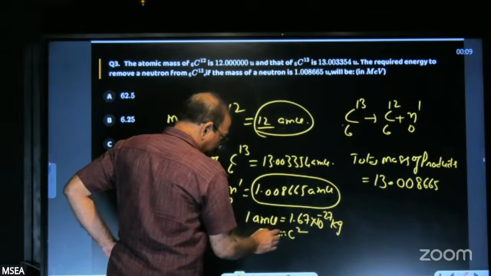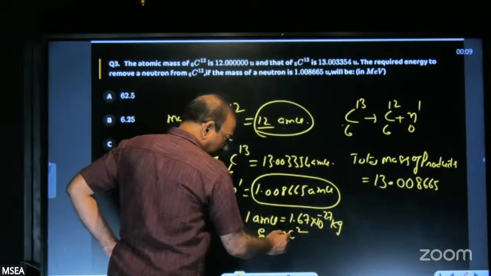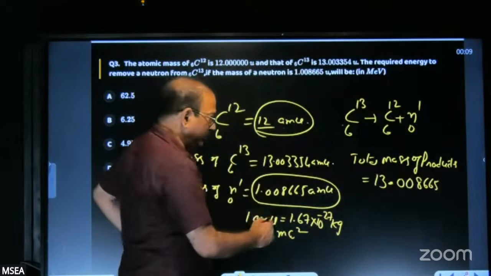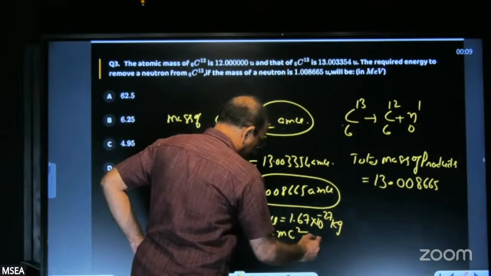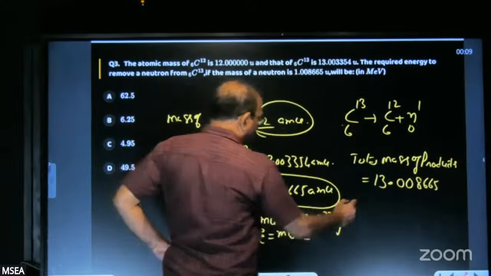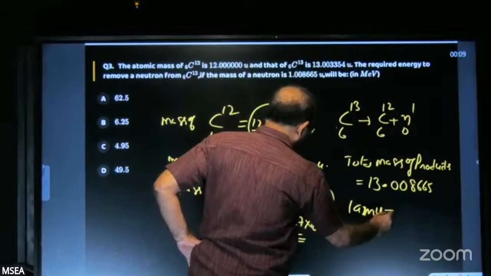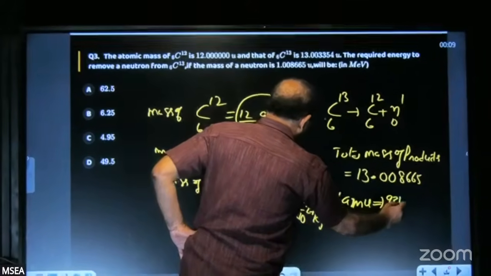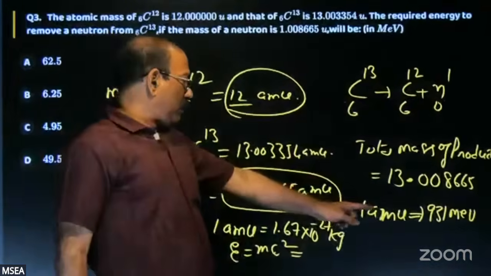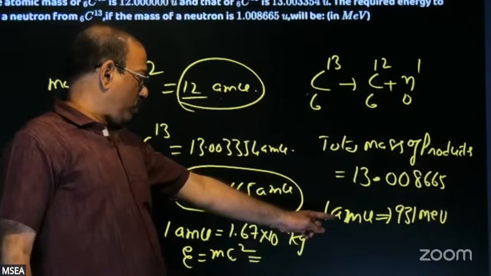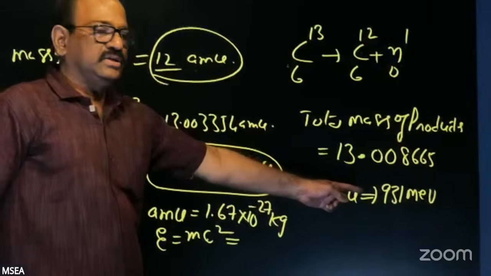M in kg you substitute 1.67 into 10 power minus 27, and c, the velocity of light, is 3 into 10 power 8. If you simplify this and convert into electron volts, the energy equivalence of 1 AMU is 931 MeV, million electron volts. If a mass equal to 1 AMU is destroyed, the energy released is 931 MeV.